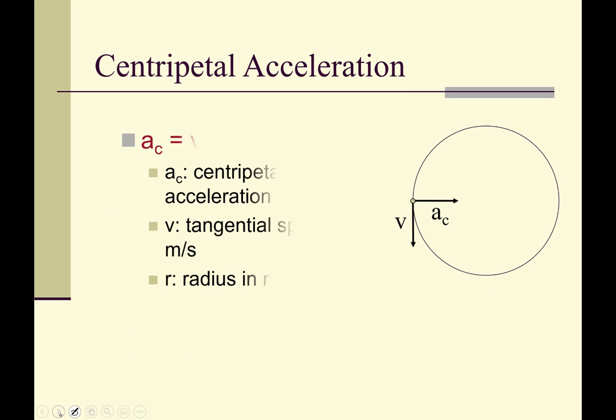So when we look at another image, we have our 90-degree angle here. This is called our tangential velocity. Our centripetal acceleration is equal to v squared divided by r, where a_c is our centripetal acceleration, v is our tangential speed in meters per second, and r is going to be the radius of our circular motion.